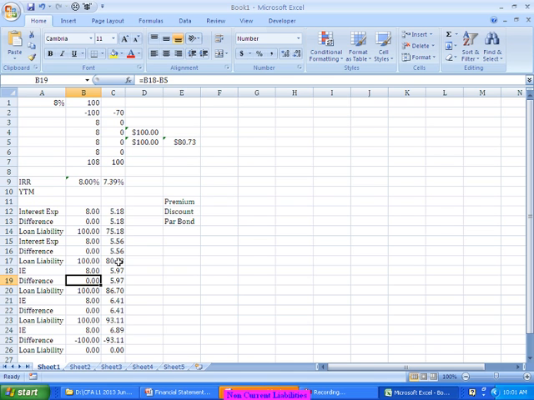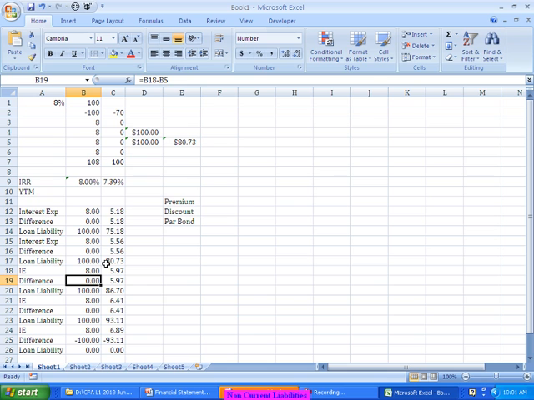What you are receiving is also 8. The difference is always 0, which means the loan liability maintains at 100 itself. So in the case of a par bond, the loan liability is neither increasing nor decreasing. It's constant at the face value. The difference between the interest and the coupon payment is always 0, and the interest expense is always constant.